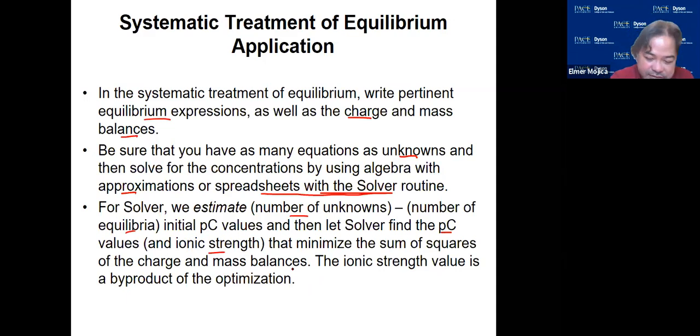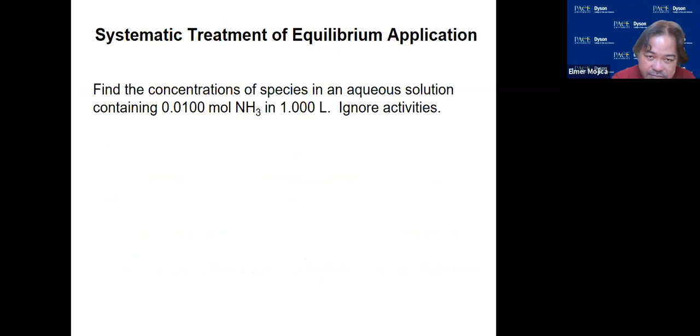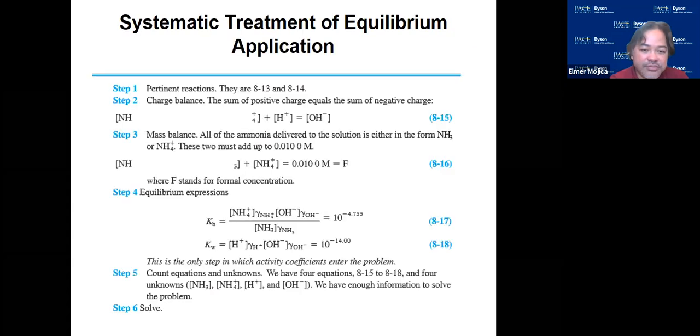So for instance, if you have this thing, you are asked to find the concentration of the species in an aqueous solution containing 0.01 mole of ammonia in 1 liter. How are you going to solve that problem?